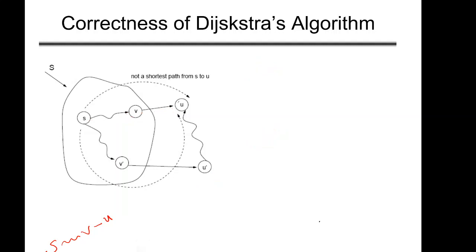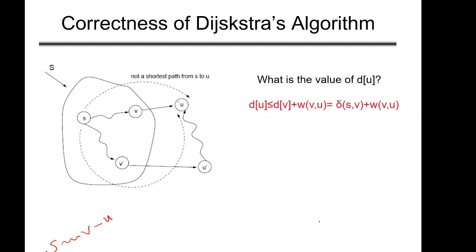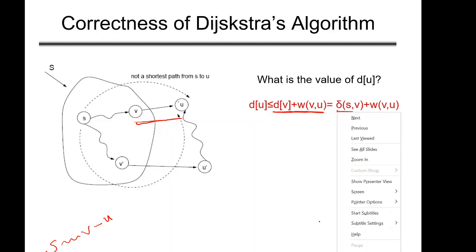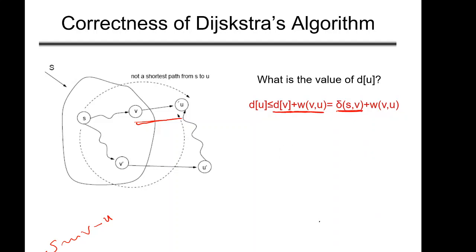What is the current weight? Right now the value of d[u] is d[v] plus weight of (v,u). This is the value of d[u]. We already know that d[v] has the shortest path, and we have to add the weight of this edge.